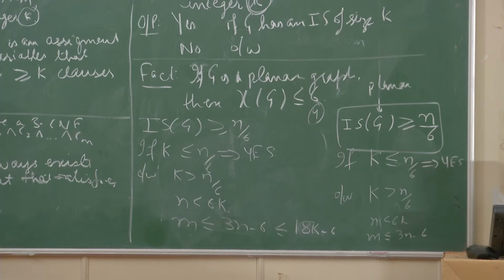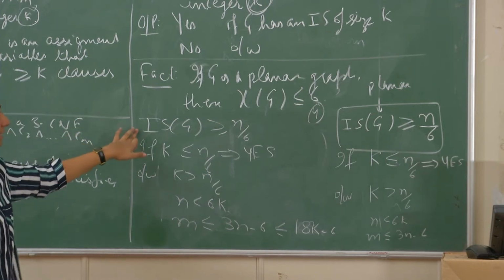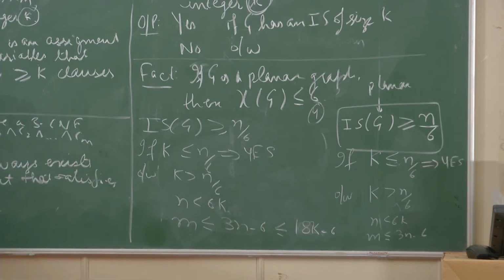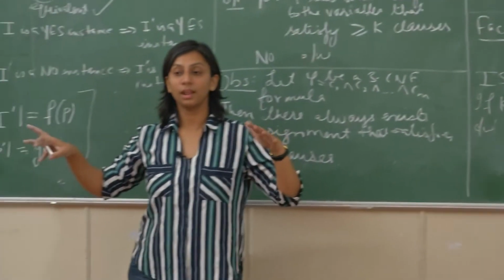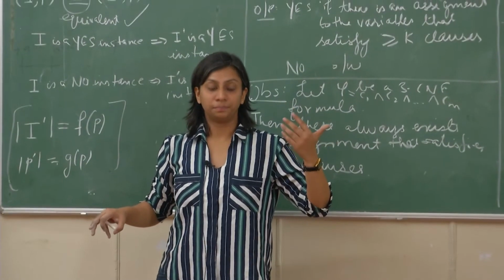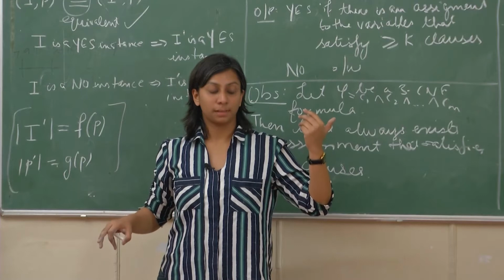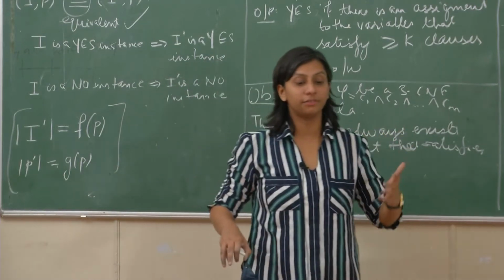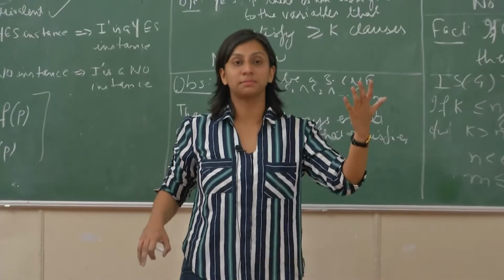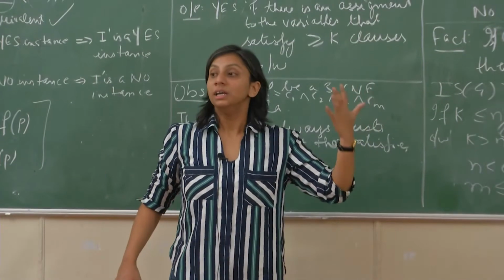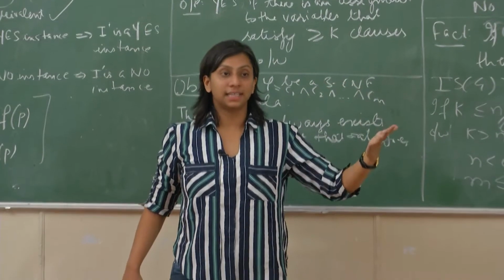So while we are here, I would want to ask you a question. How did we come up with this independent set? We said, okay, look at the 6 coloring of the graph and look at the maximum size of the independent set, and that will have size at least n by 6.